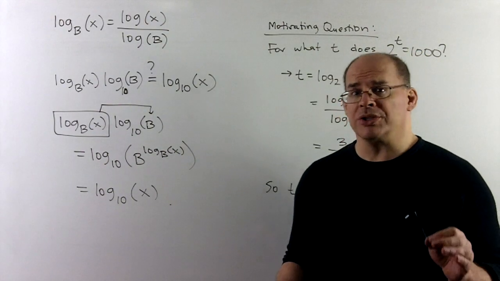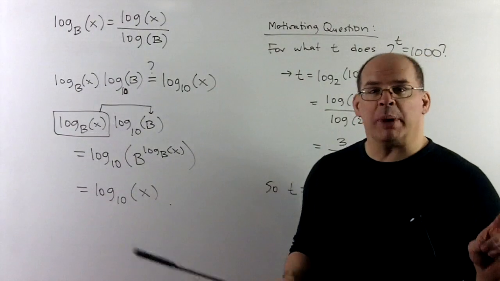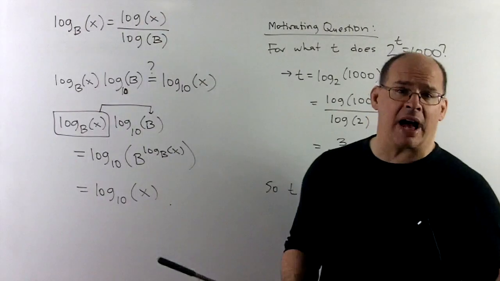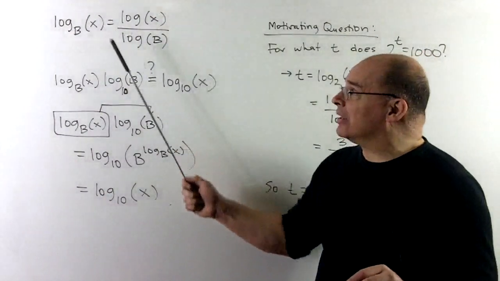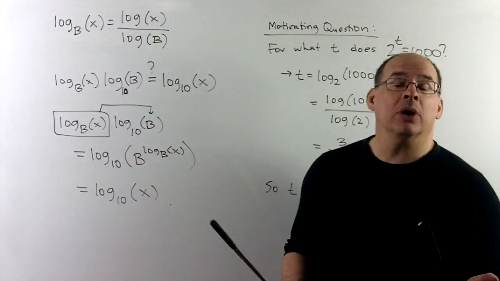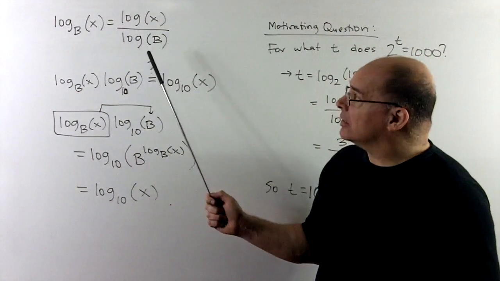Now, where does this rule come from? First, let's note, there's nothing special about base 10 or base e here, other than it works with the calculator. If I want to go base a, the pattern's exactly the same on the right-hand side. It would be log base a of x over log base a of b. We'll just show this for log with base 10.